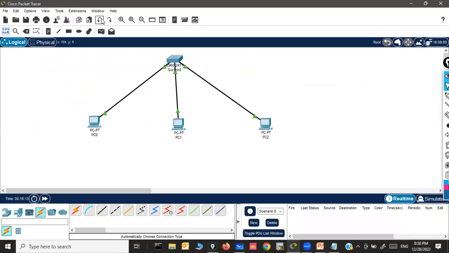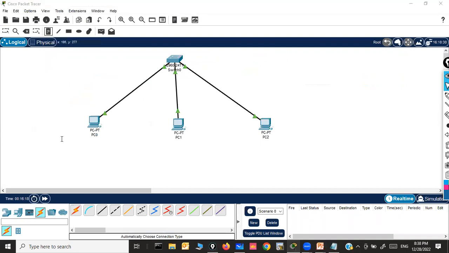Then I'll move to the next topic. I believe you already know all this, but still, let's say I write down here 191.168.1.2, and here 191.168.20.5 maybe, and here again 191.168.30.6.